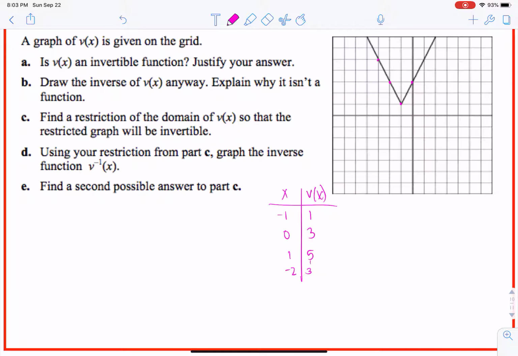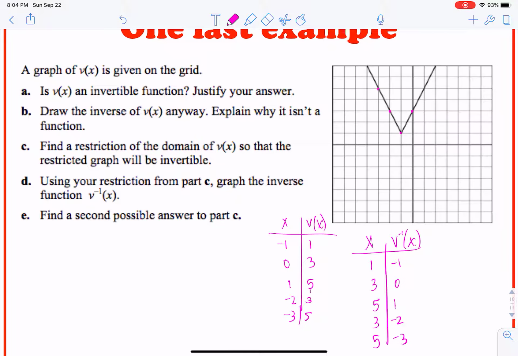And let's get one more. 1, 2, 3. -3 and up 1, 2, 3, 4, 5. And let's go ahead and call this x and v inverse of x. So 1, 3, 5, 3, and 5. -1, 0, 1, -2, and -3.